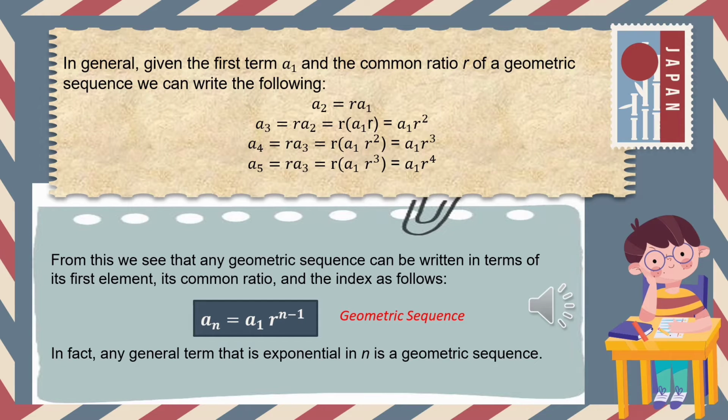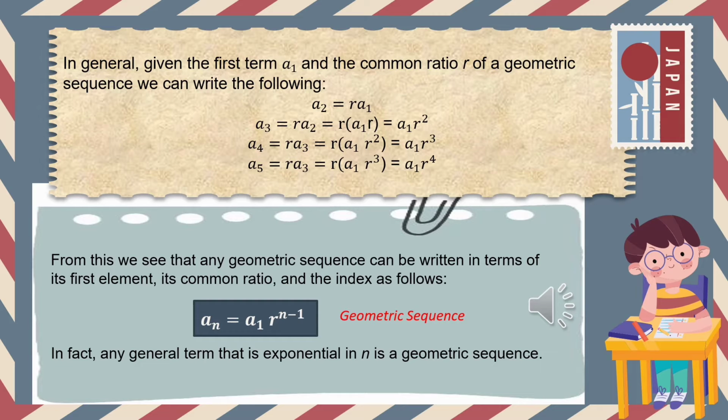The fourth term is r times the third term, is r times the first term times r squared, is the first term times r cubed. The fifth term is r times the fourth term, is r times the first term times r cubed, is the first term times r to the power of 4.